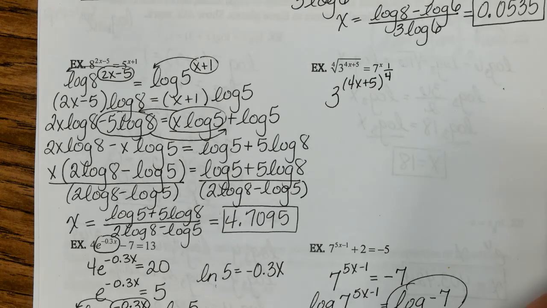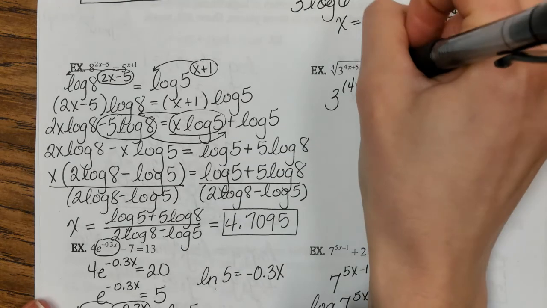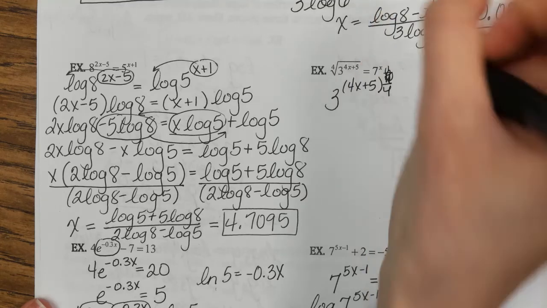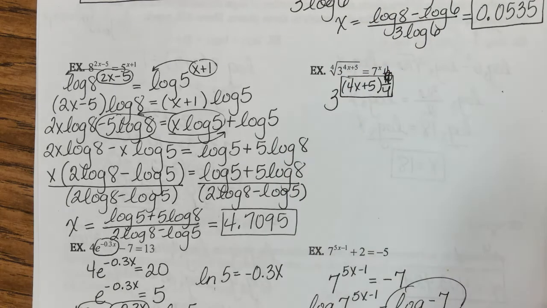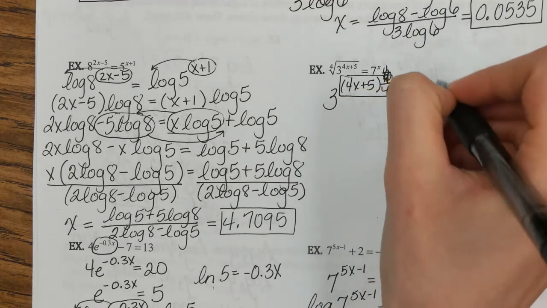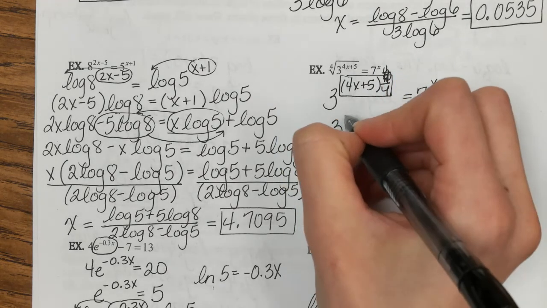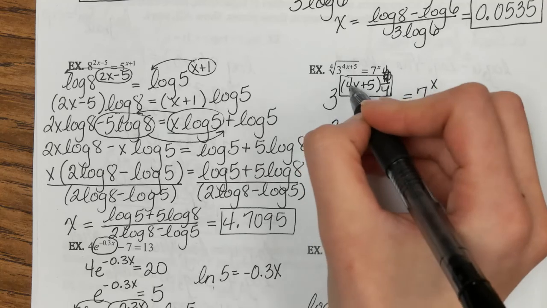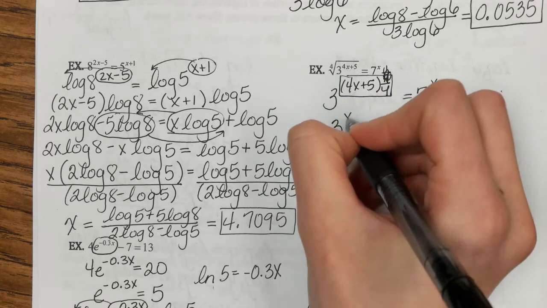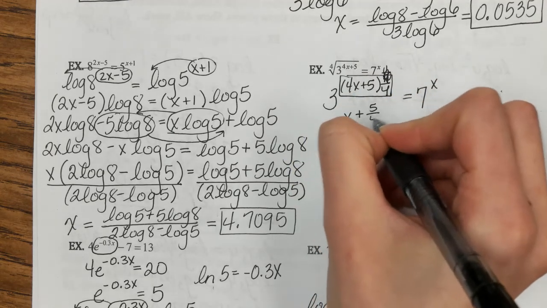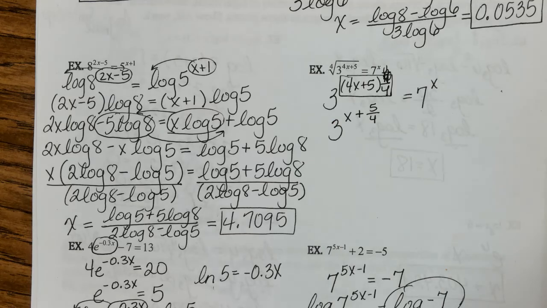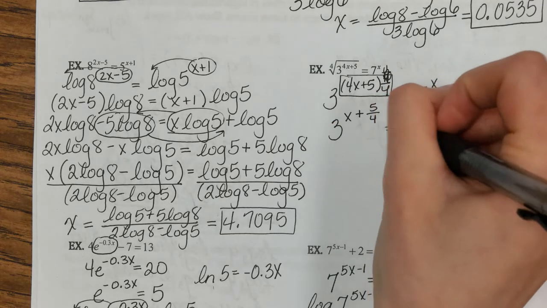Well, it's not raised to the 1/4. It's multiplied by the 1/4 because that's already your exponent. Equals 7 to the x. So that turns into 4 times 1/4 is just x plus 5/4 equals 7 to the x.